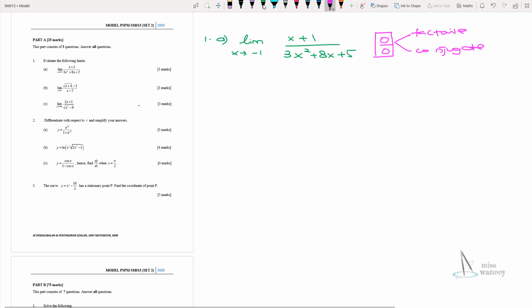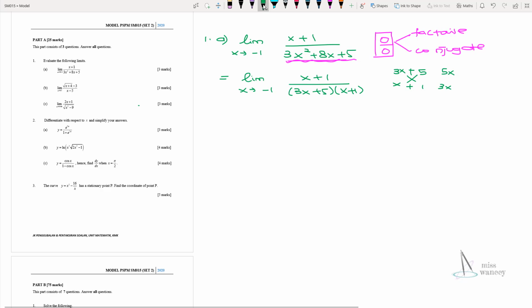So it means that I must either factorize or multiply with the conjugate. I don't see anything with a square root, so let me factorize my denominator. The limit as x approaches -1 of (x + 1) over (3x + 5)(x + 1).